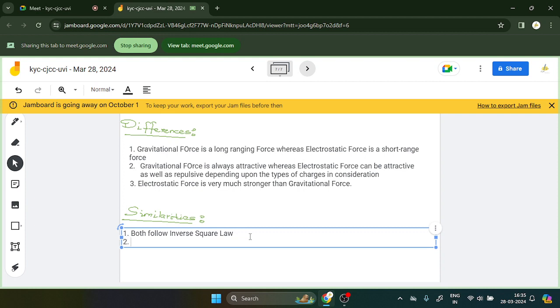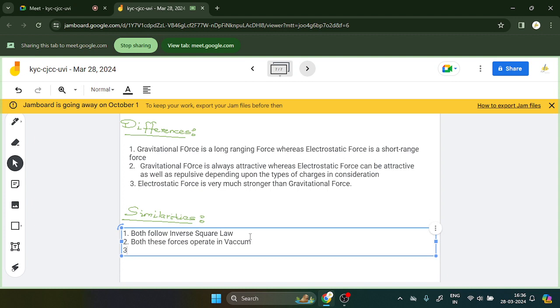Number 2 point. Can you guess? Both these forces operate in vacuum. Clear? Number third point is these are conservative forces.